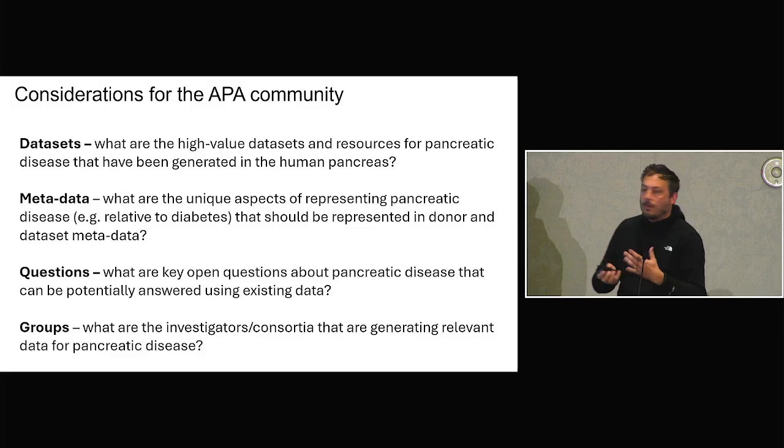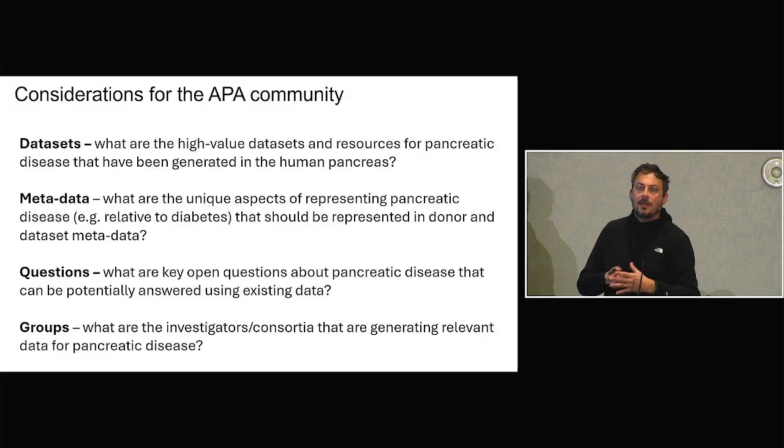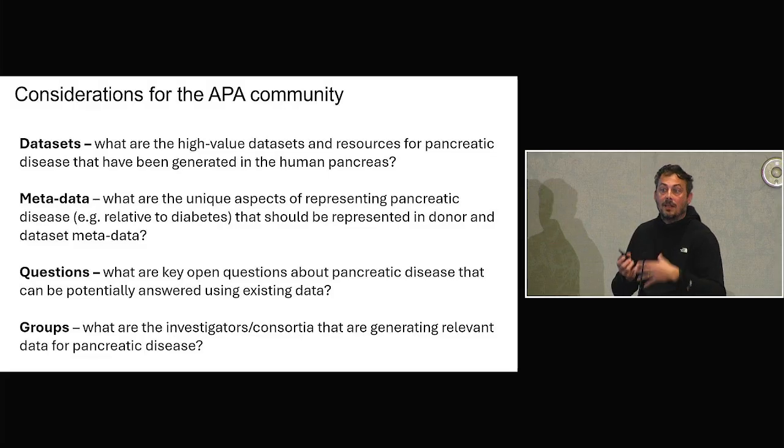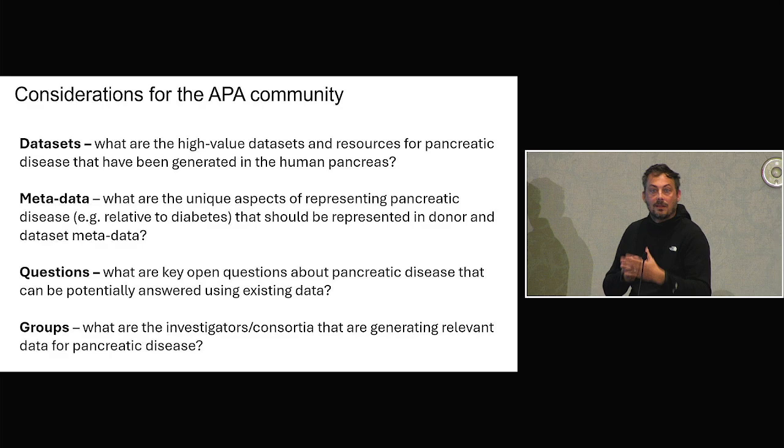What are the unique aspects of representing pancreatic disease, say, relative to diabetes, that we should represent in donor and data set metadata? A lot of our focus on harmonizing metadata to date has been specifically around diabetes and type 1 diabetes and staging of type 1 diabetes, and surely there are considerations for pancreatitis in the same vein that we can improve upon. What are the key open questions about pancreatic disease that we can answer using these data?